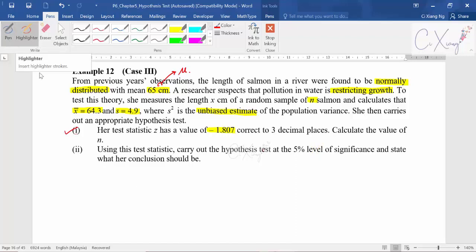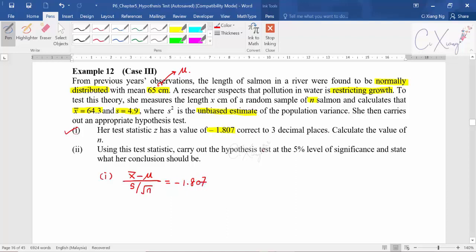Since they already tell you that the test statistic is negative 1.807, what is the formula for the test statistic here? Sample mean minus the population mean divided by the unbiased estimated standard deviation over square root n. And the value that you get is negative 1.807.